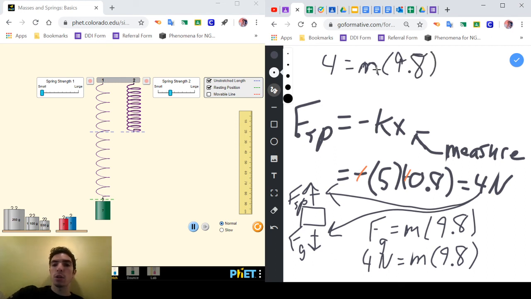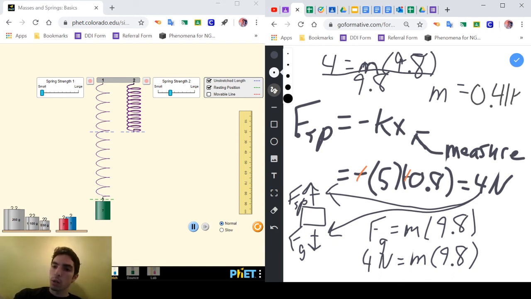So since we're trying to solve for this m, I'm going to divide both sides of the equation by 9.8, and that will get us a mass, let's see, of 0.41 kilograms. And that would be my final answer for what this mystery mass of that green object was.